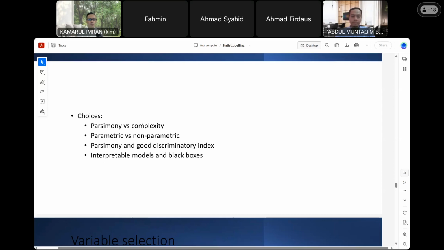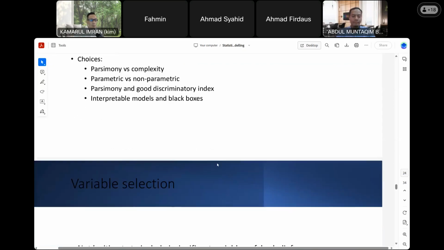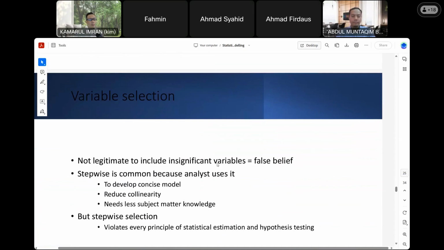Your interest is only prediction. You can use black box methods, for example, machine learning. But if you want to interpret your model, you may want to use a statistical model, for example, GLM or generalized linear model.